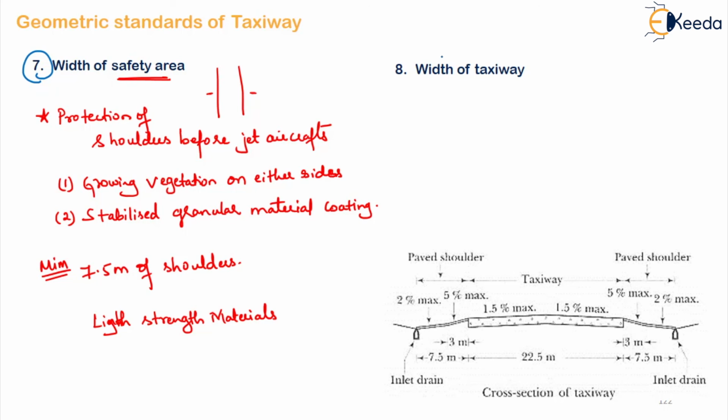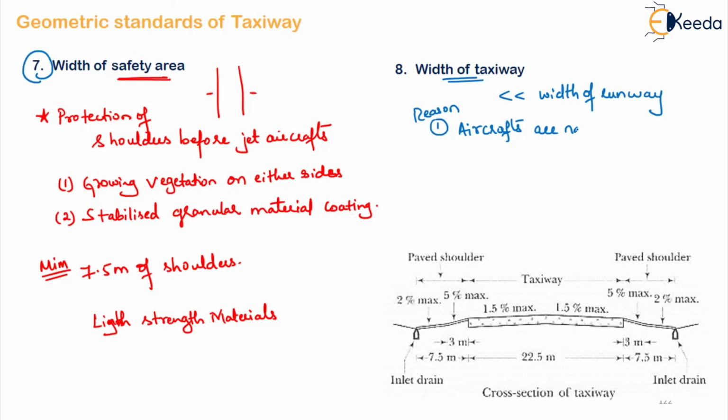Now finally is the width of the taxiway. This is normally very much lesser when compared to the width of runway. Right, now why is it so? It has two reasons why the width of taxiway is lesser than the width of runway. The first reason being your aircraft will not be airborne on your taxiway. Airborne is either landing or takeoff.